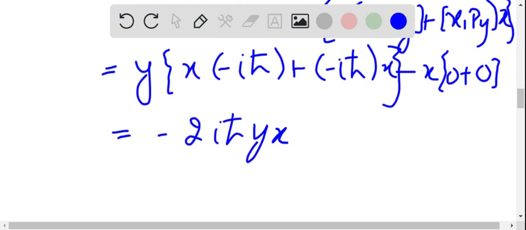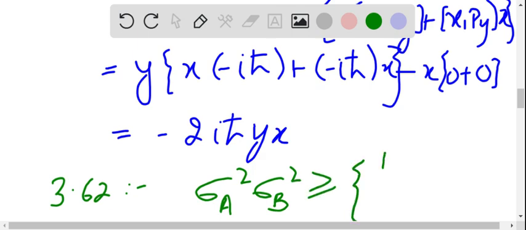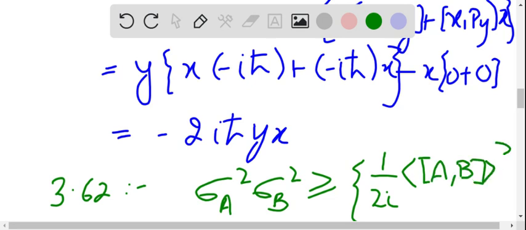But from equation 3.62, we have sigma sub a square times sigma sub b square is greater than or equal to (1 divided by 2i times the commutator of a, b) square, right?